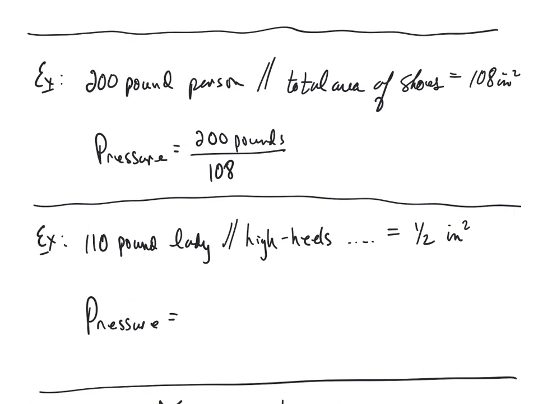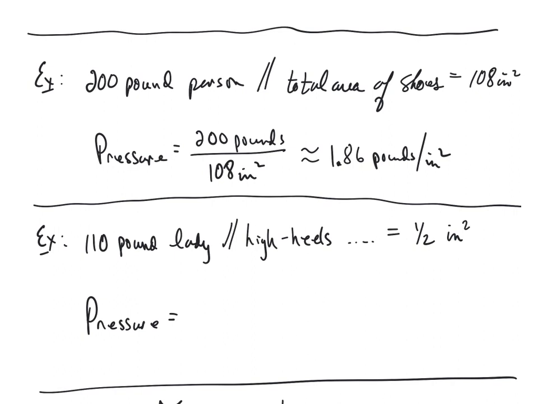In this situation, 108 square inches. And if you were to do that calculation, then the pressure upon the floor would be 200 divided by 108, which is approximately 1.86 pounds per square inch. 1.86 pounds per square inch.